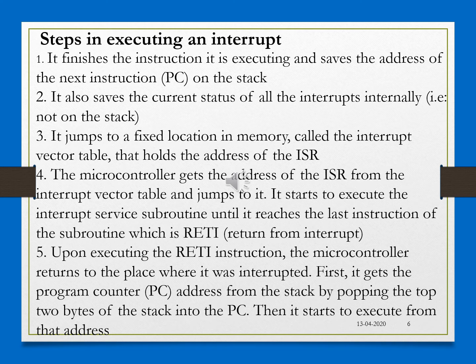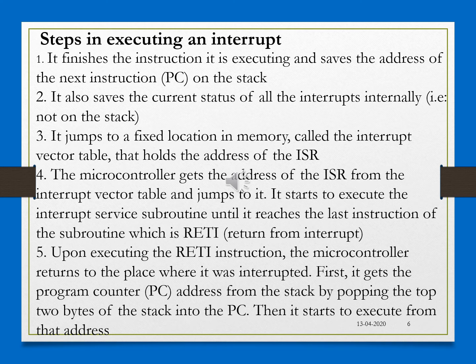This slide clearly explains what I have explained in the previous 2 slides. Steps in executing an interrupt. Whenever an interrupt is received, what happens? The CPU first finishes the instruction it is executing and saves the address of the next instruction on the stack.